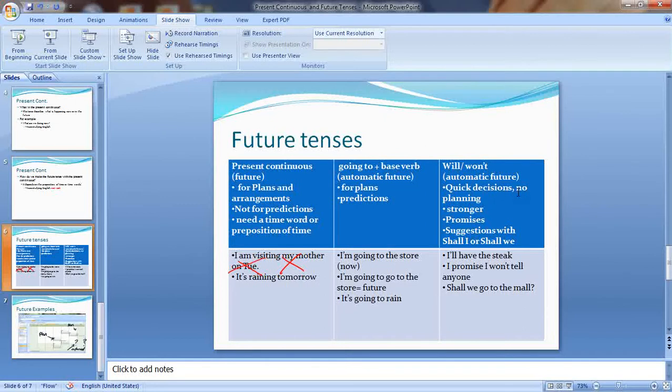Let's say I'm going to get a pizza, and in my head I've planned on a pepperoni pizza. I go to the pizzeria and I tell them I'm going to have a pepperoni pizza, and they tell me, whoops, we don't have any more pepperoni. Then I can say, well, I'll have a cheese pizza.